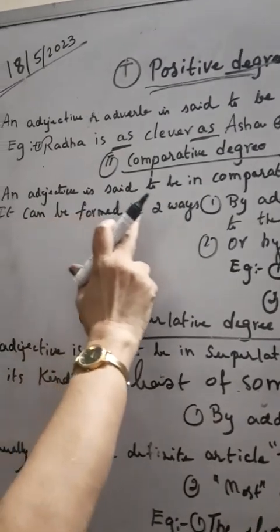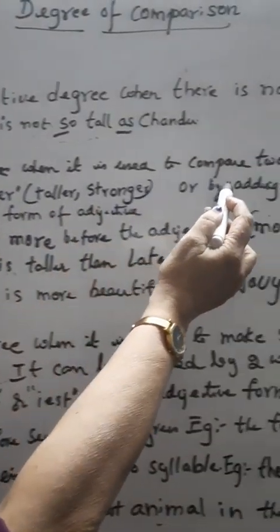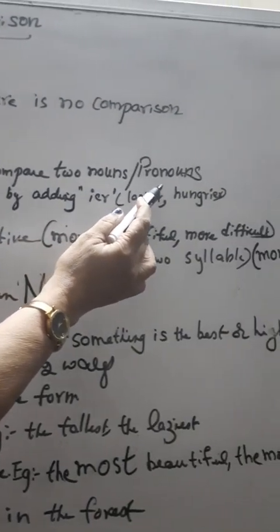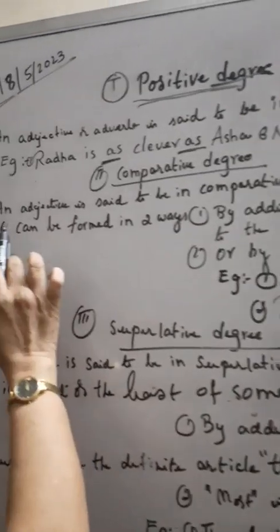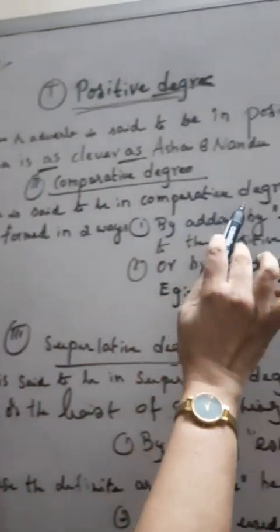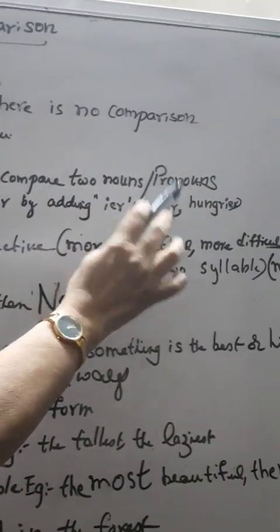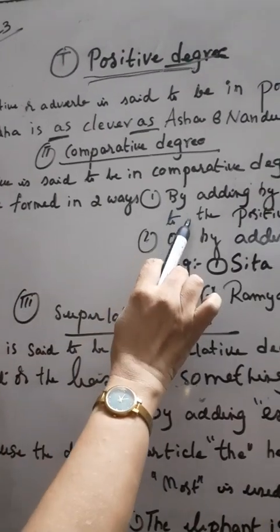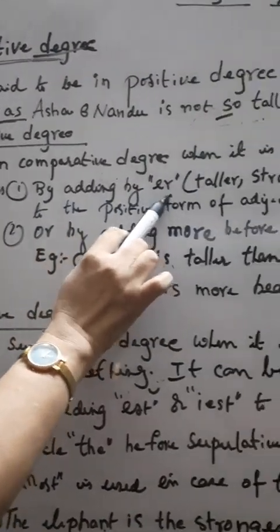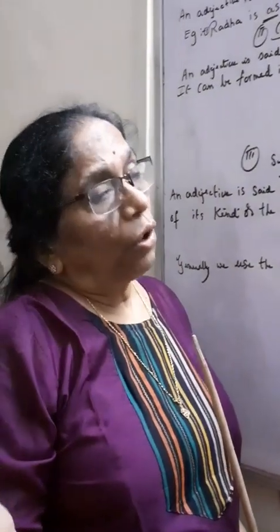An adjective is said to be in comparative degree when it is used to compare two nouns or pronouns. I repeat, an adjective is said to be in comparative degree when it is used to compare two nouns or pronouns. It can be formed in two ways. By adding er, that is taller, stronger.